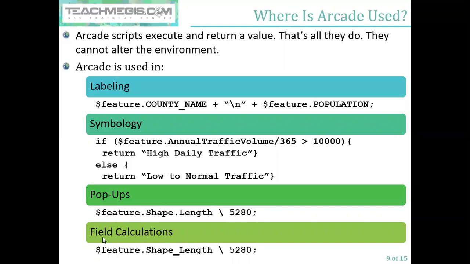We could use the field calculator to calculate the length in miles equal to $feature.shape length divided by 5280. So those are some calculations. They should look fairly familiar to you if you've done things like this in Python or VBScript back in ArcMap or in Pro. The syntax is not that different.